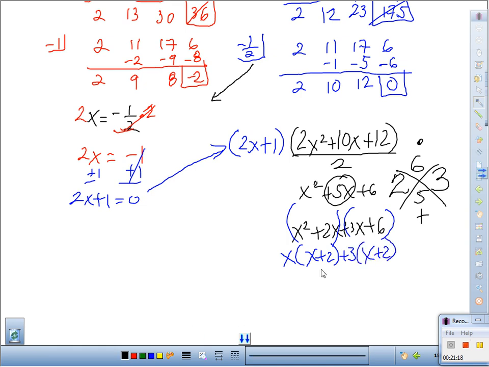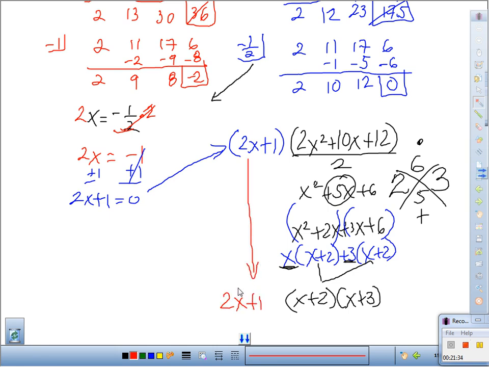So my first factor is x plus 2. What's left here? x plus 3. That's my second factor. And what was my original that I found over here? 2x plus 1. And all that equals, what was it, P of x? P of x.